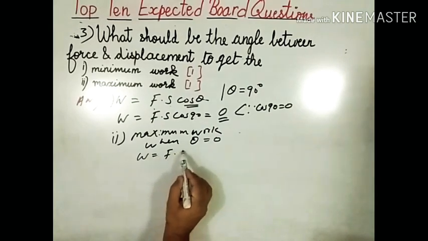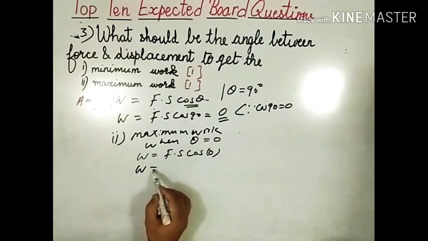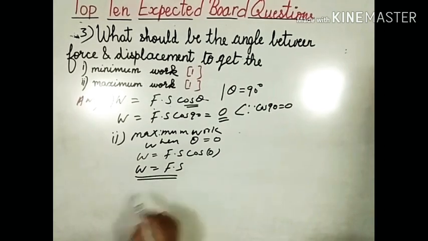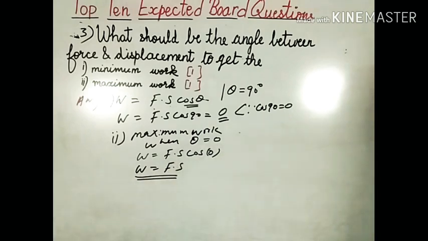W is equal to F s cos 0. Cos 0 is equal to 1. W is equal to force into displacement. This is the case of maximum work when the force and displacement are in the same direction. So 1 plus 1, 2 marks. Alright, you have to write the formula and explain.